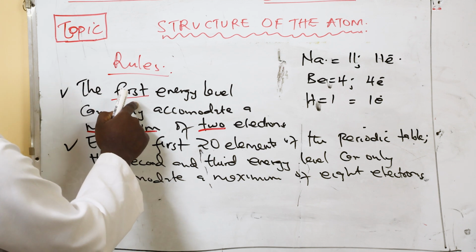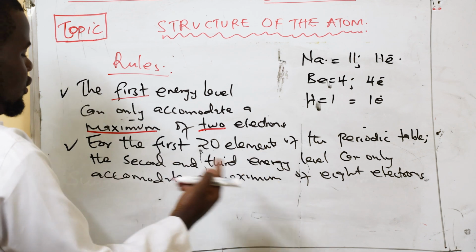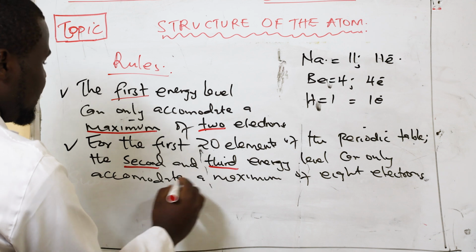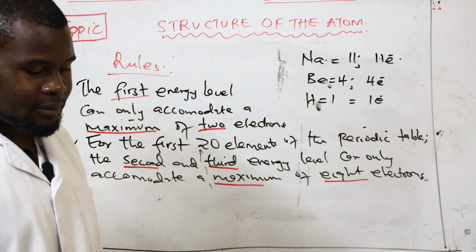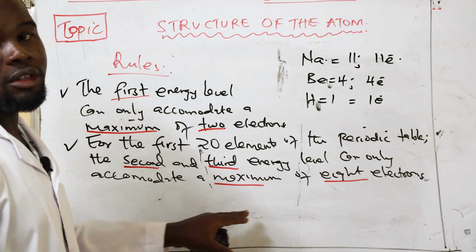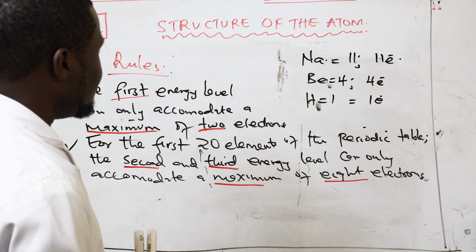For the first, maximum is 2. For the first 20 elements of the periodic table, the second and third energy level can accommodate a maximum of 8 electrons. Very important. You must have this one at your fingertips as a student, because this one will apply everywhere.